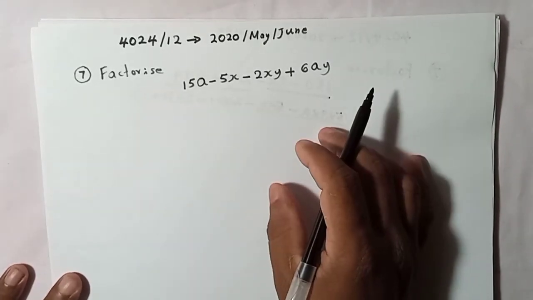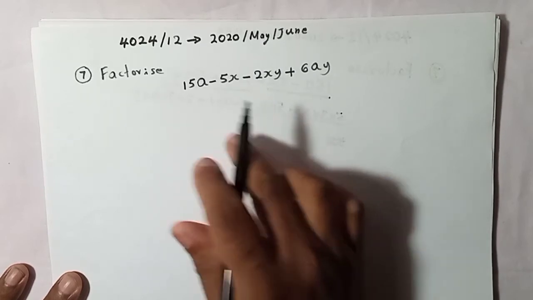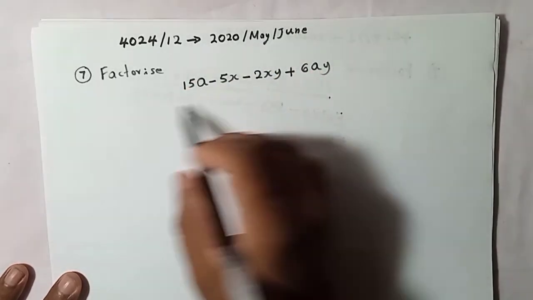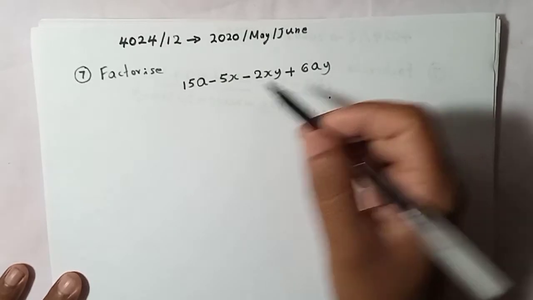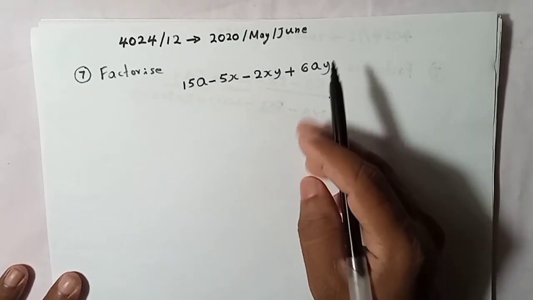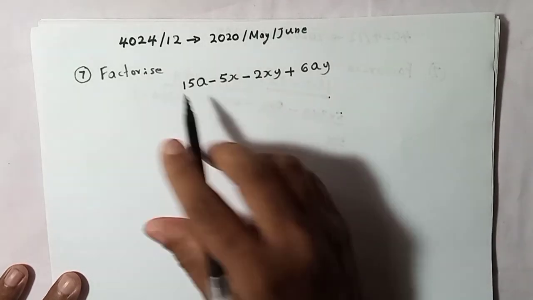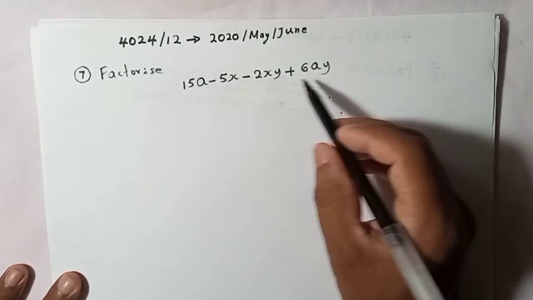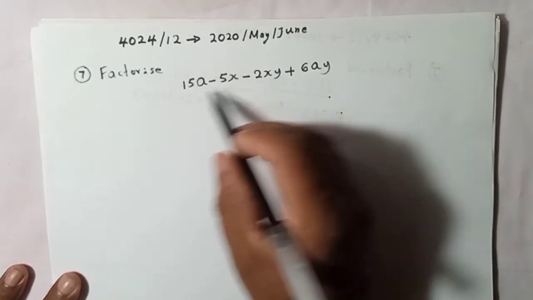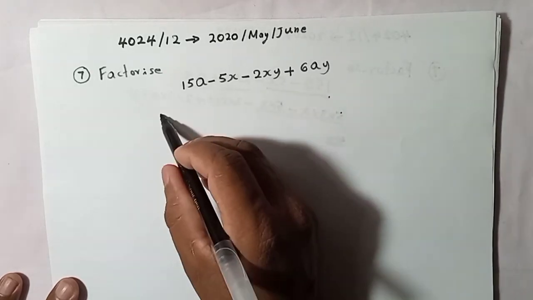But remember, here, if you follow that method and put these terms like this and separate 2 by 2 and start to factorize, you will face a problem. You can't factorize. That's why you have to change the order of the terms, right? Sometimes I will tell you a trick for that.